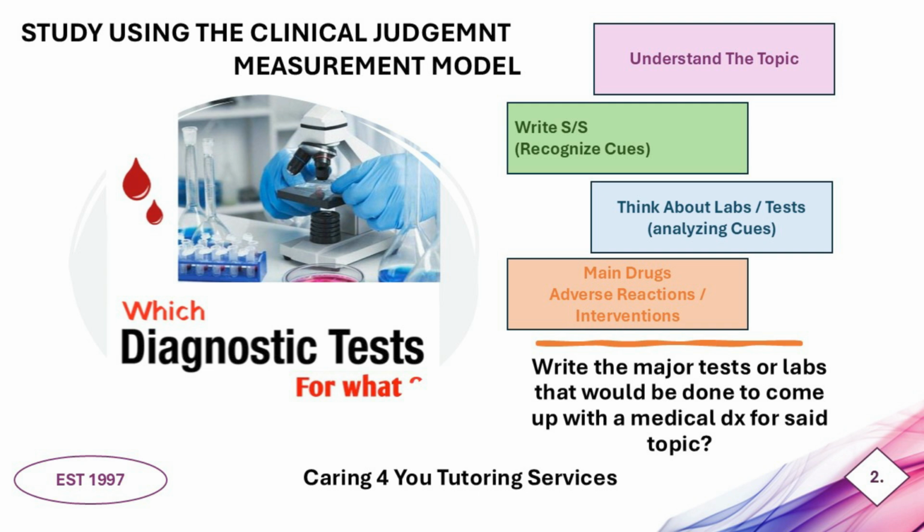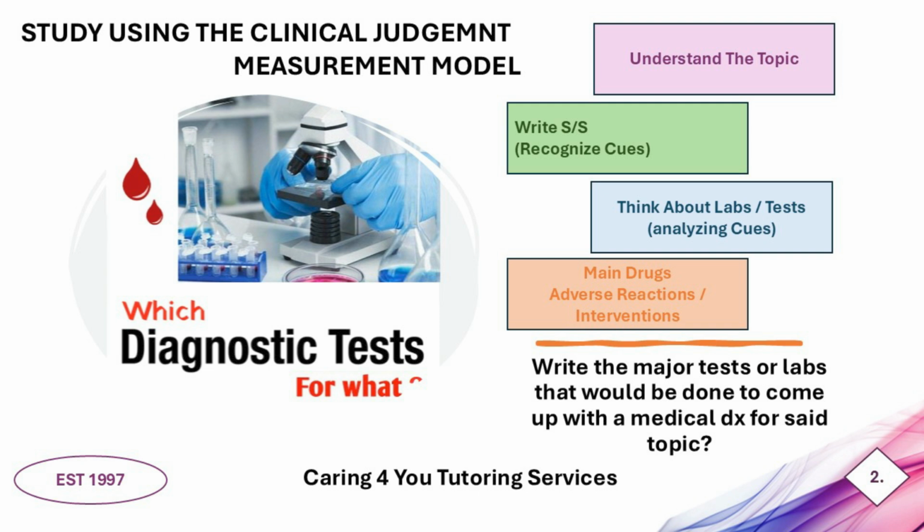Start writing the cues in their chief complaint, because we will need to refer back to these cues as we go on and learn more or answer the questions on the NCLEX or the HESI or the ATI, right? It's all part of step 1, recognizing cues.